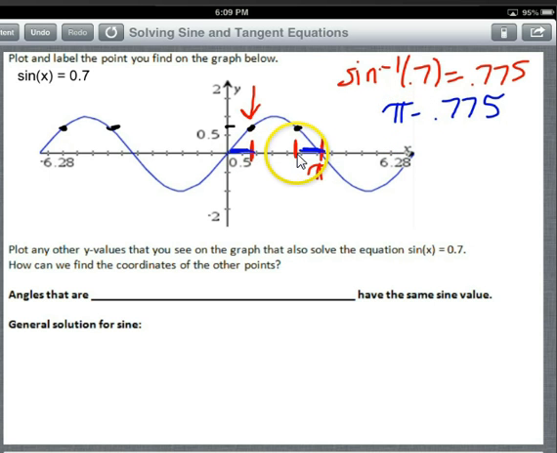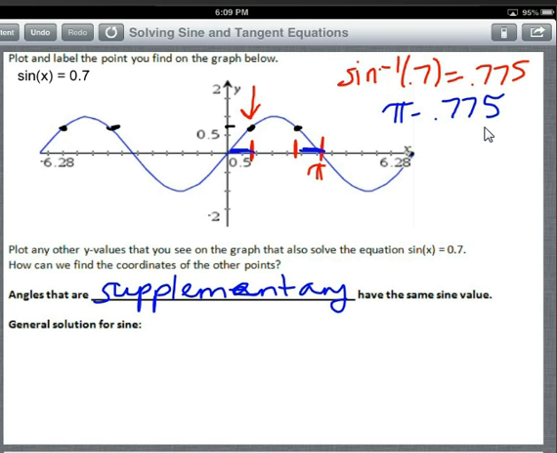So if two angles add up to 180, they're called supplementary angles. Angles that are supplementary have the same sine value.